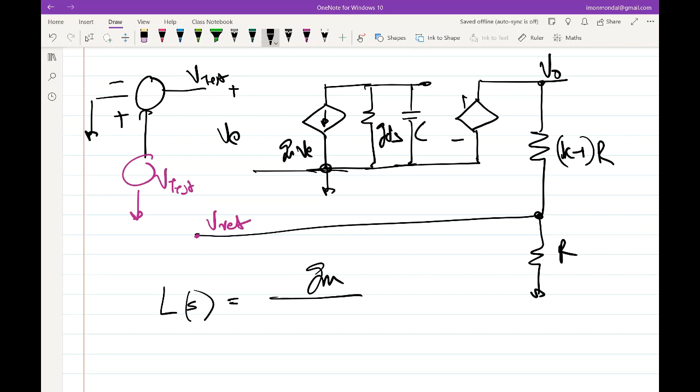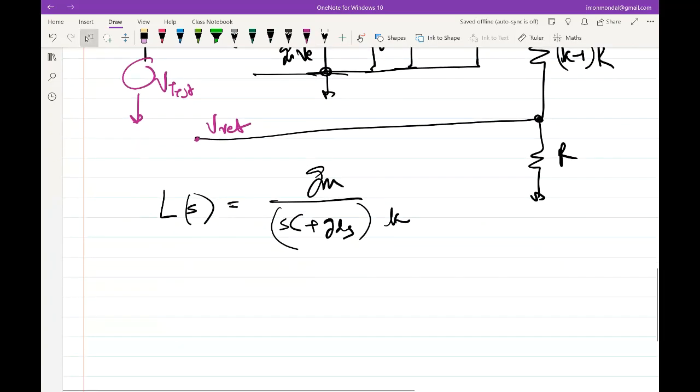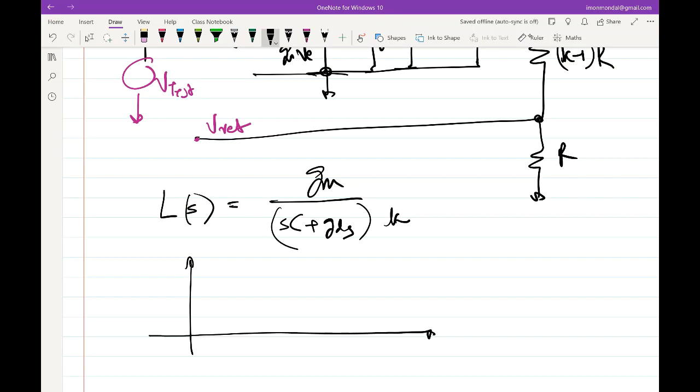GM divided by SC plus GDS. Yes. So if this is the loop gain in the presence of GDS, how will my mod of L of S get affected?